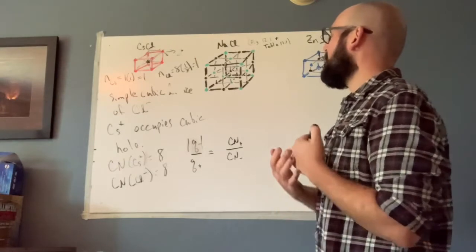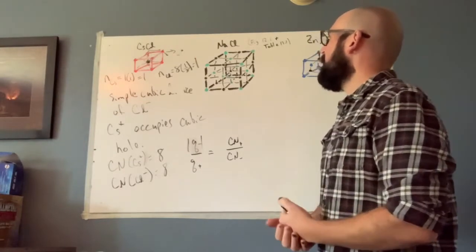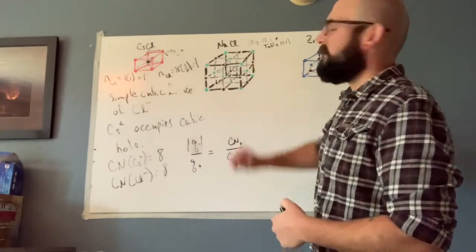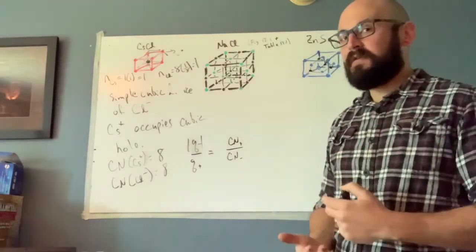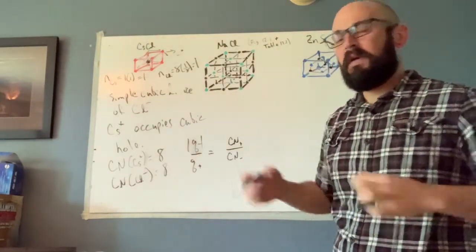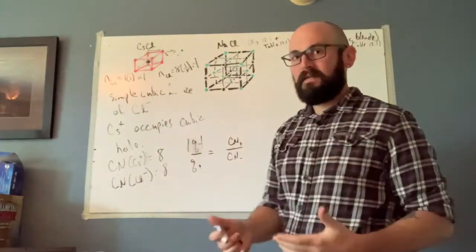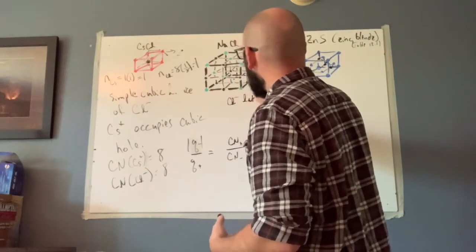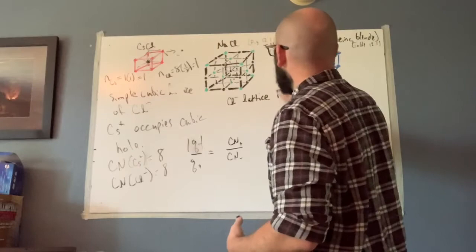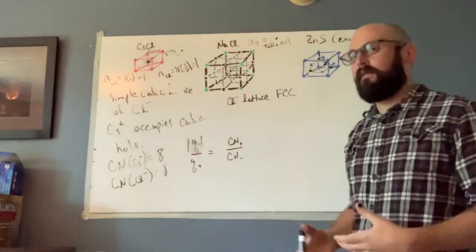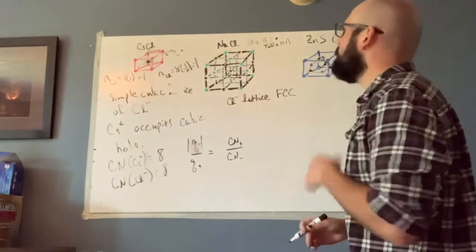So what we can identify from the system, the positions of our chlorides, we have chlorides that are occupying every corner site as well as every face site in our system. So we would say that the lattice of our chloride ions, so the chloride lattice, is face-centered cubic, since, again, we have a cubic unit cell and all of the face sites that are occupied.